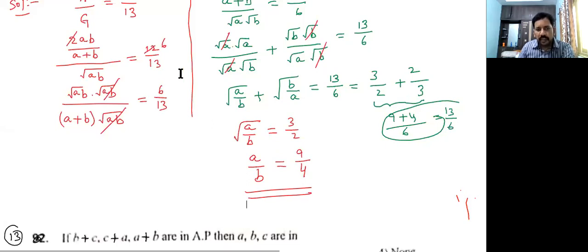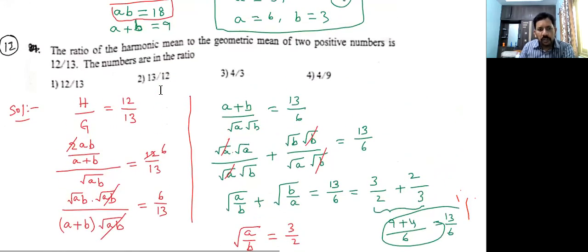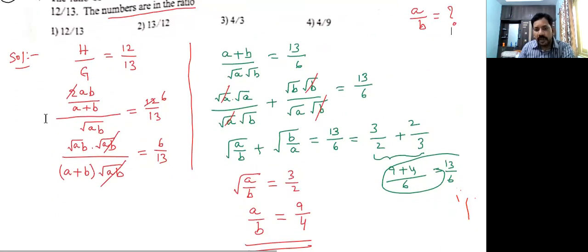What are they asking? The ratio. The numbers are in the ratio. Numbers means A and B only. What is A by B they are asking. So we got the answer or not? How much? 9 by 4. 9 by 4, or we can take 4 by 9 also. Why?